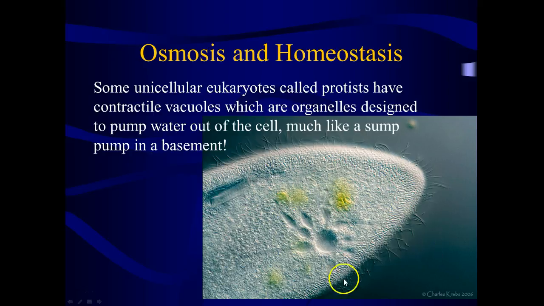So these contractile vacuoles and protists work about the same way. When there's too much water coming in because it's in, let's say, a hypotonic solution, then these contractile vacuoles can pump the water out. So again, that's another example of how a living thing is trying to maintain a stable internal environment even when there's changes outside.